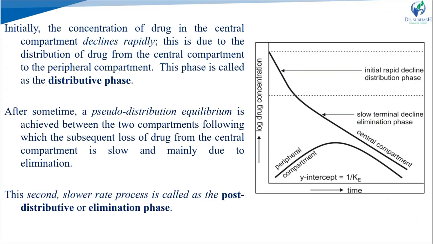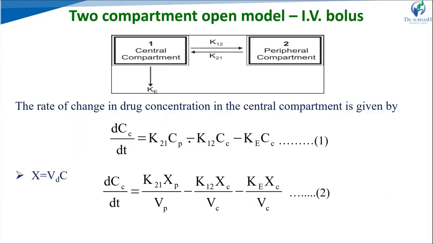So this is the two compartment open model with IV bolus administration. The rate of change of drug concentration in the central compartment is given by dCc/dt equal to K21 Cp minus K12 Cc minus Ke Cc.